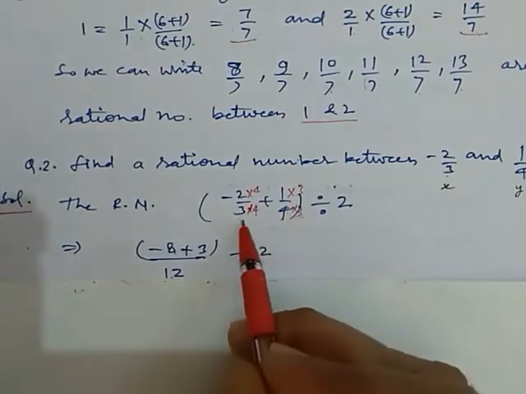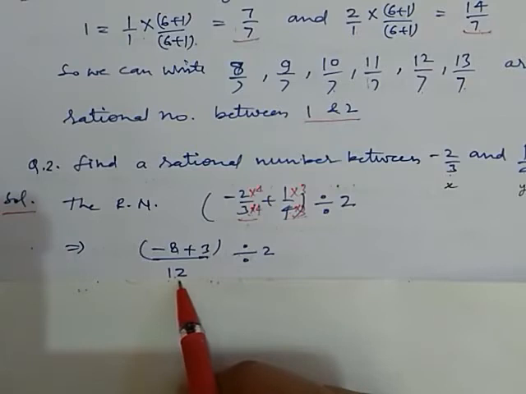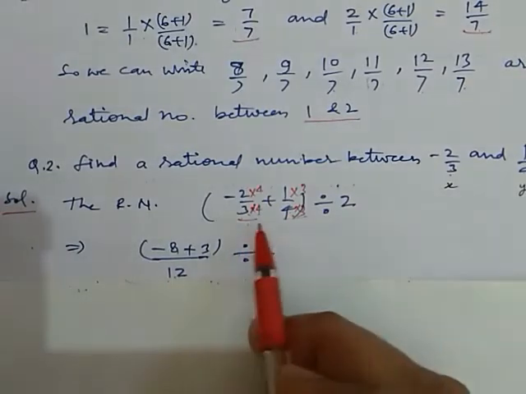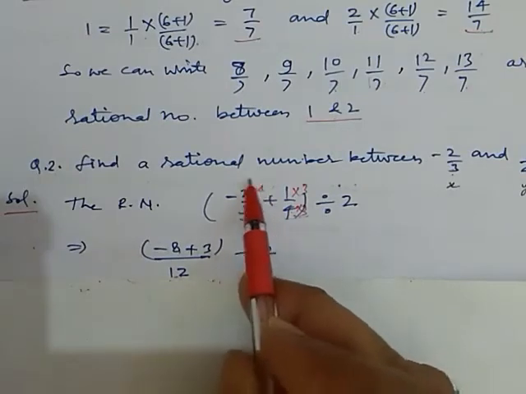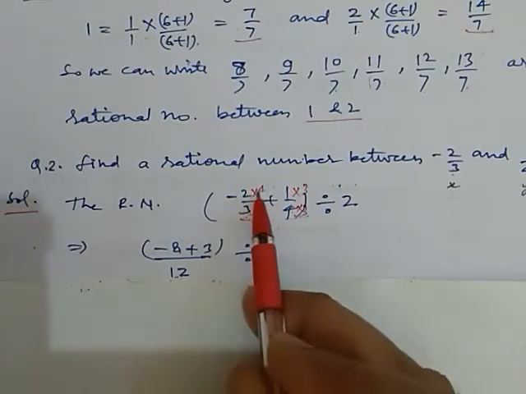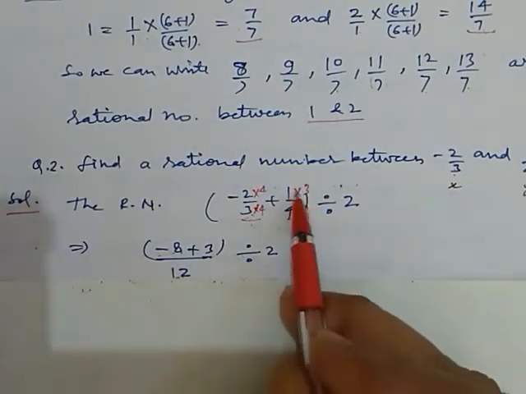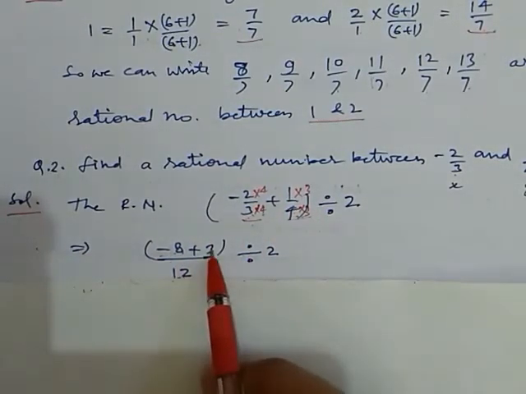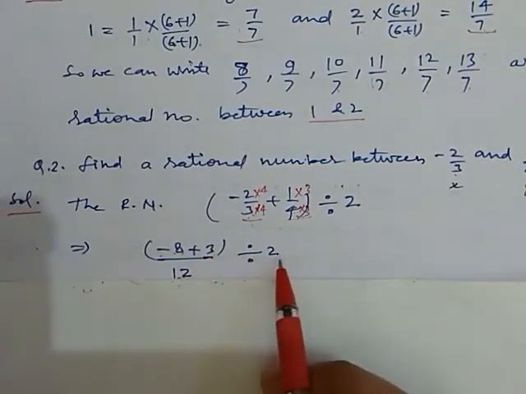This way the denominator becomes 12. That's why we receive the LCM 12. Now when we take LCM 12, what happens? This becomes 4 twos are 8, and with the negative sign, minus 8. This becomes 3 ones are 3. So minus 8 plus 3 by 12 divided by 2.